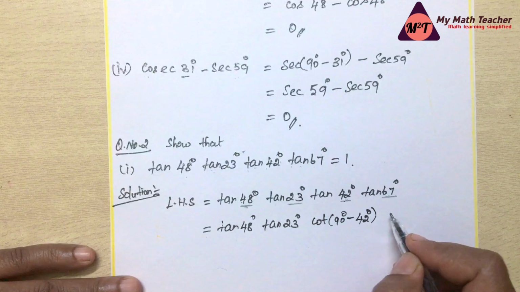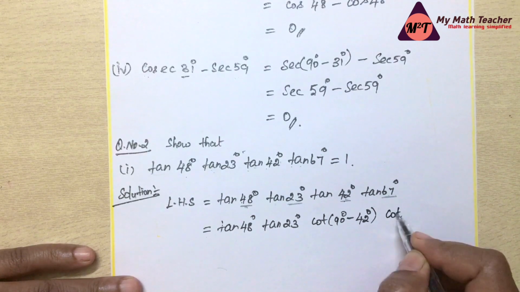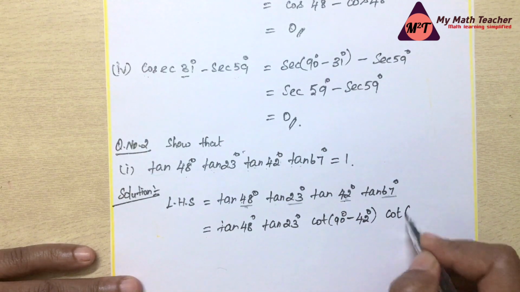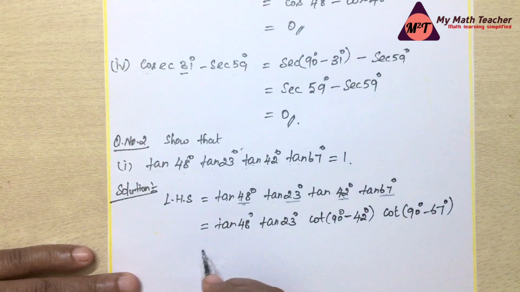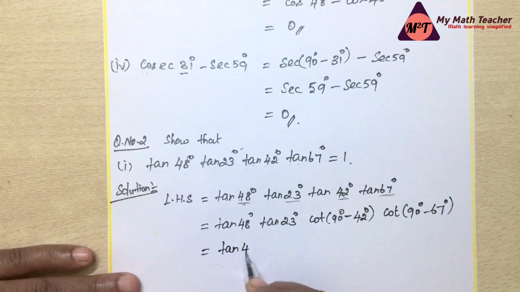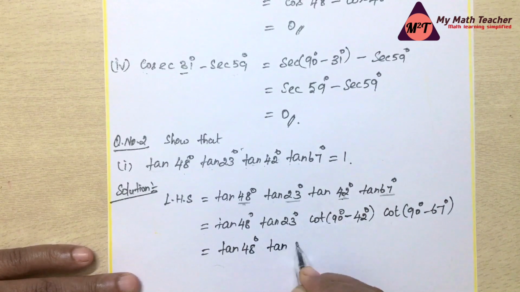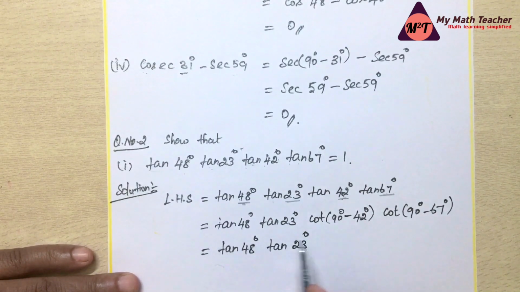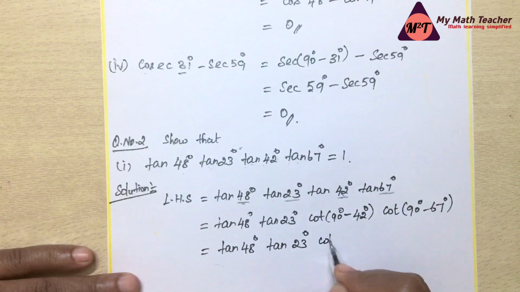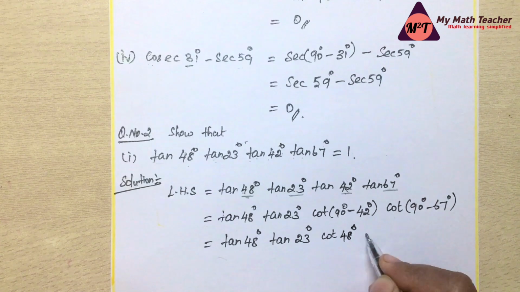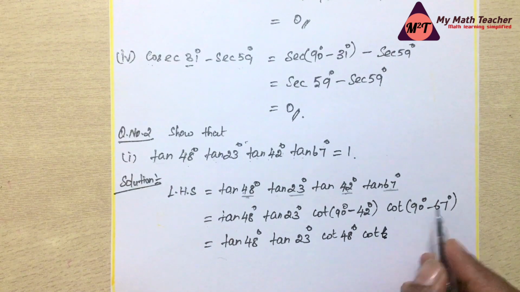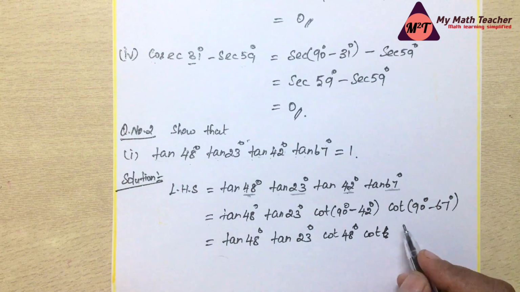This also we are going to change to cot (90 degrees minus 67 degrees), which is tan 48 and tan 23. Here cot (90 minus 42) becomes 48 degrees. Cot (90 minus 67) becomes 23 degrees.